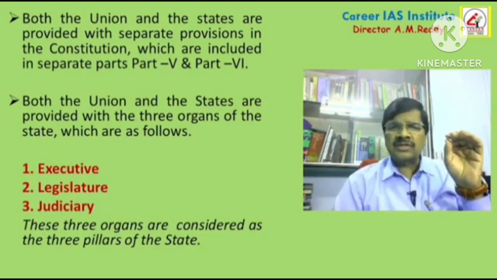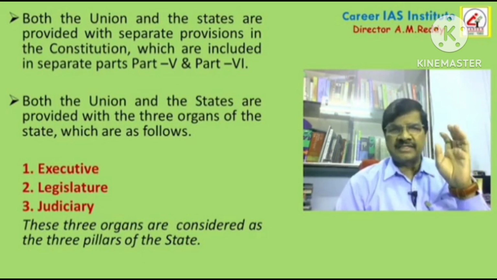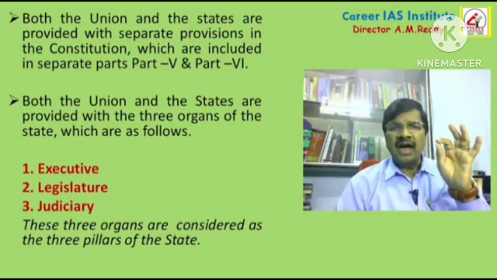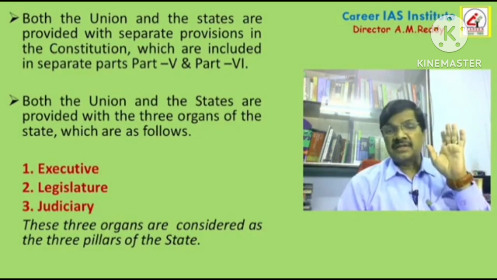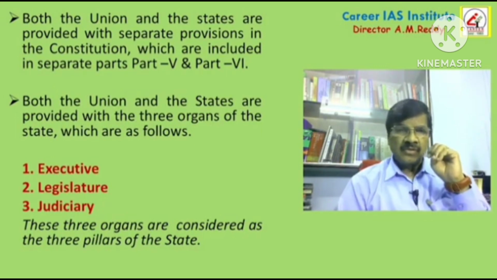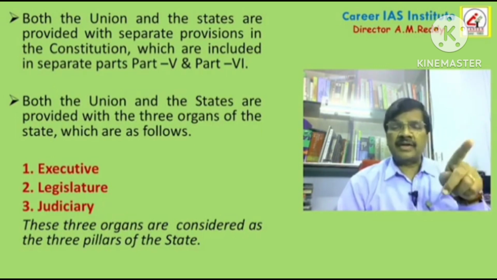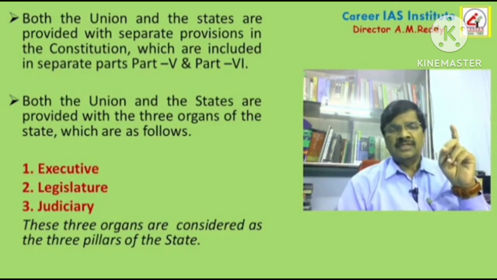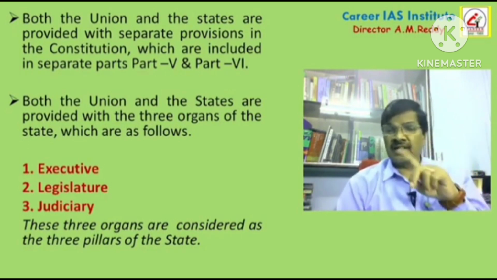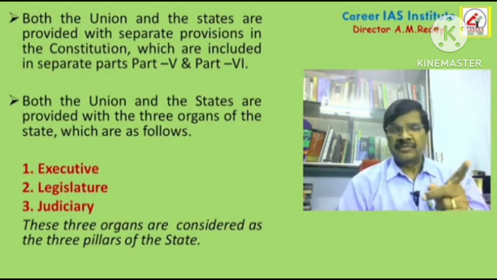Followed. Both the union and the states are provided with the three organs of the state. State is different, government is different, because government is a part of state. Similarly, judiciary is also a part of state, but judiciary is not a part of government.